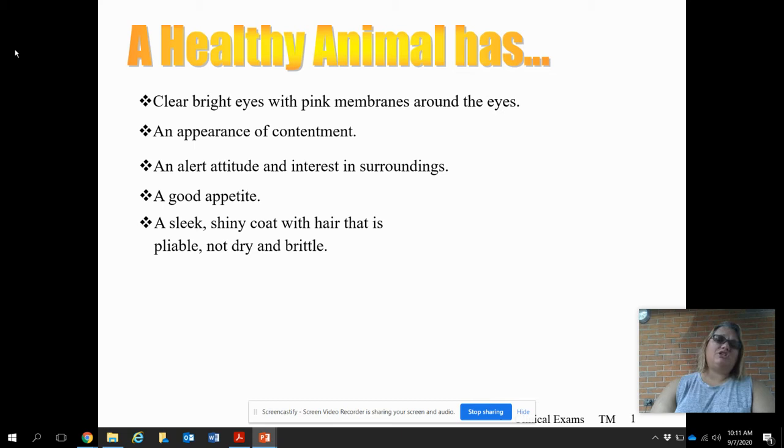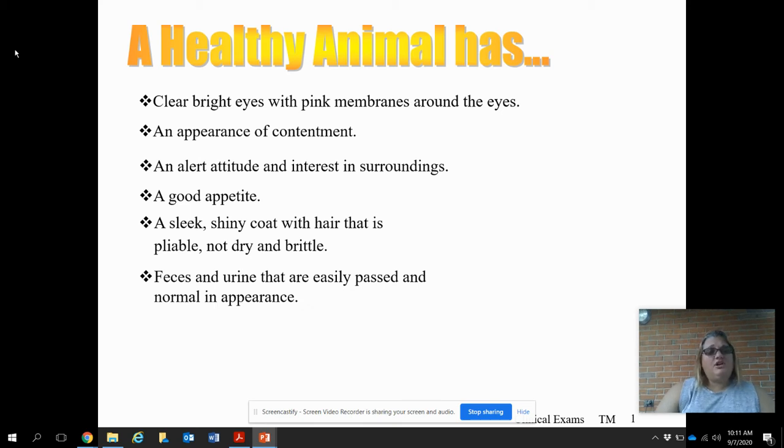A sleek, shiny coat with hair that is pliable and not dry or brittle. That has a lot to do with long-term digestive health, and seeing the effects in that shiny coat, that they're getting fed good nutrition, and it shows outwardly in their coat.